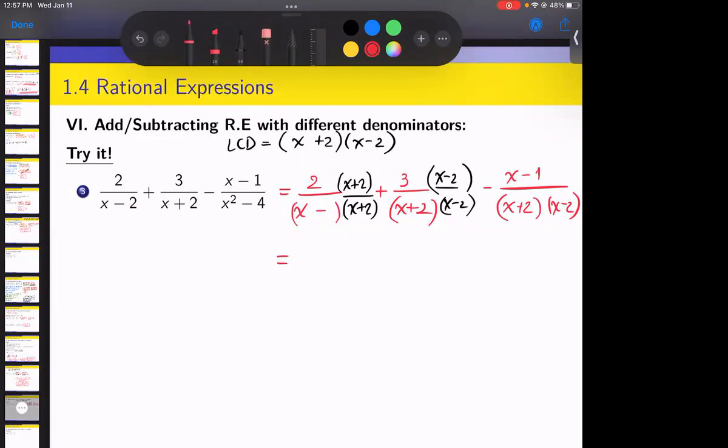That's number 2. All right. The bottom is x plus 2 times x minus 2. The top, we need some work, so let's FOIL it. 2x plus 4 plus 3x minus 6 minus x minus 1, or minus x plus 1?